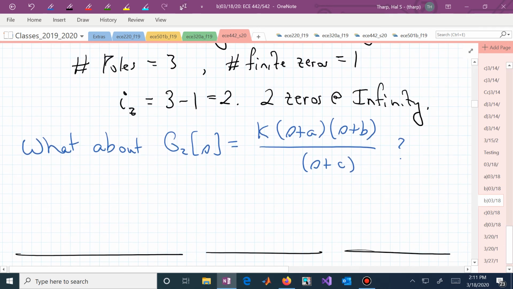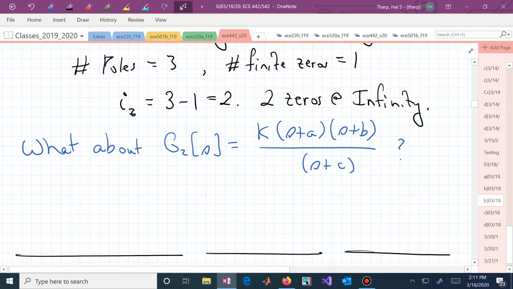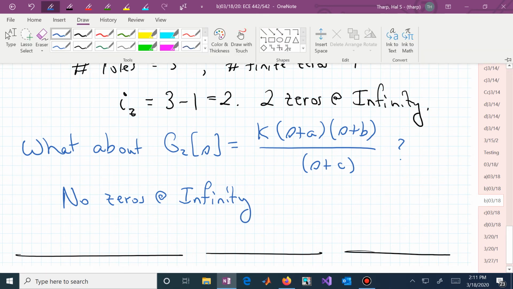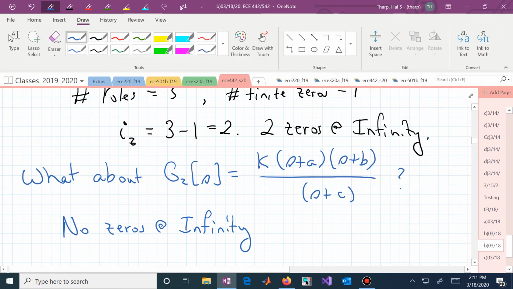What do we do there? Or what happens relative to this concept of zeros at infinity? Well, in this case, there are no zeros at infinity. That's what we will agree to conclude or state.